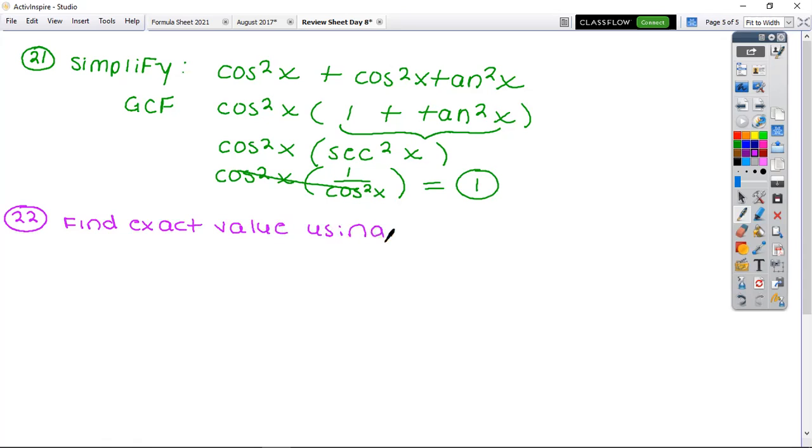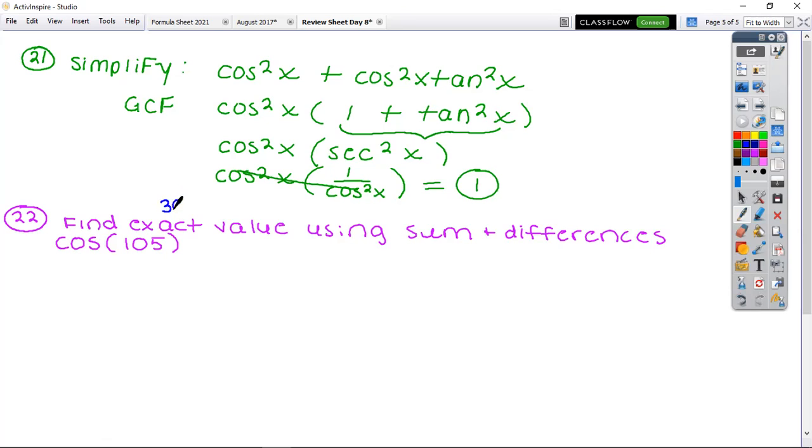So using sum and differences, that means formula sheet. And I want to go cos of 105. Let's make a list, but let's keep this one just to what we need. How about that? So my list for exact value, what can I pick from here?